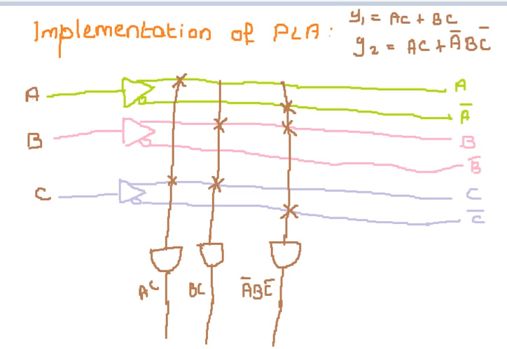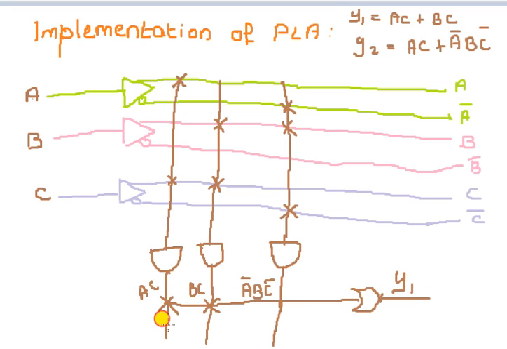In the next step, we have to design the programmable OR gate as per the Boolean function. So here Y1 is equal to AC plus BC. So here I put fuses in AC and BC and design a programmable OR gate here for the output Y1.